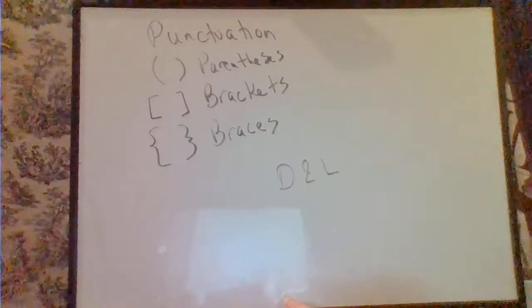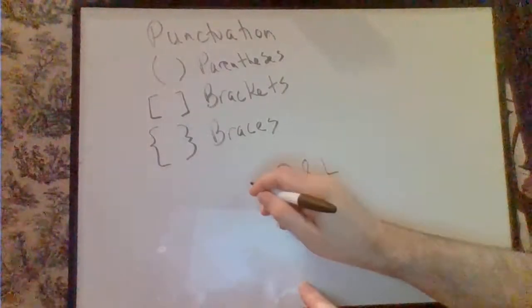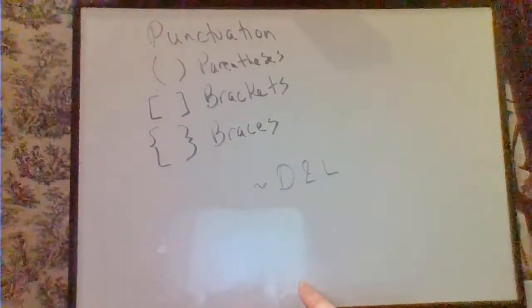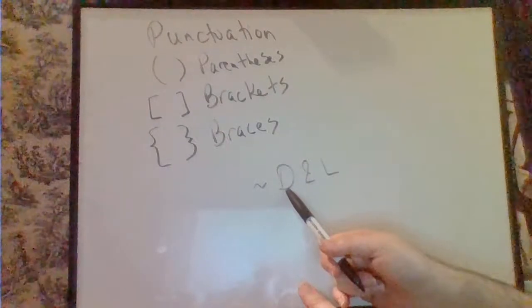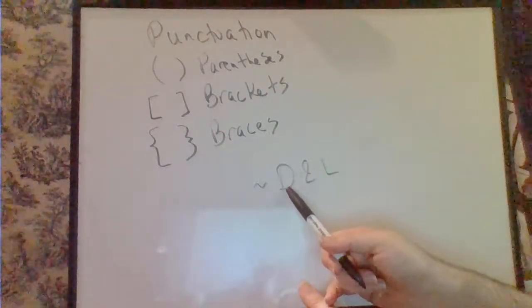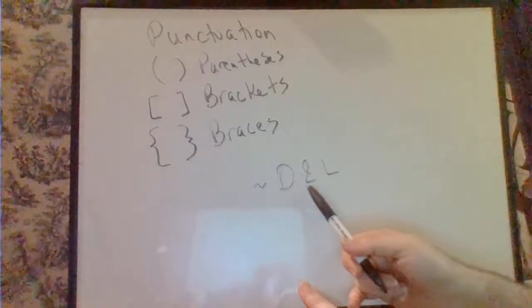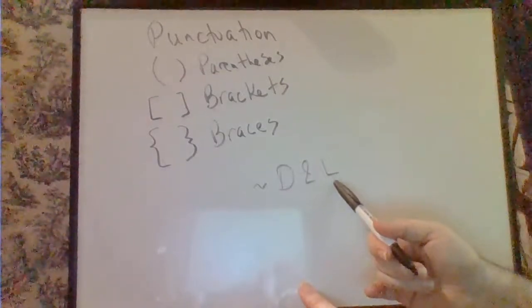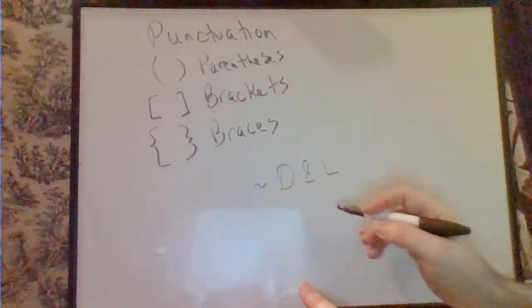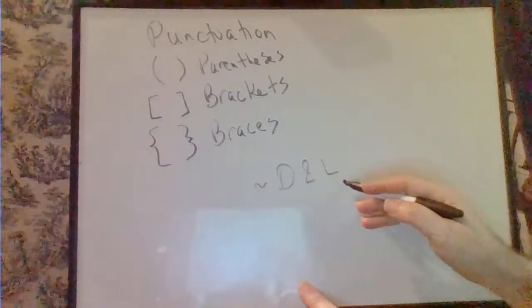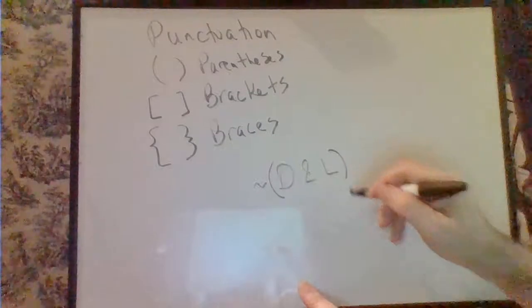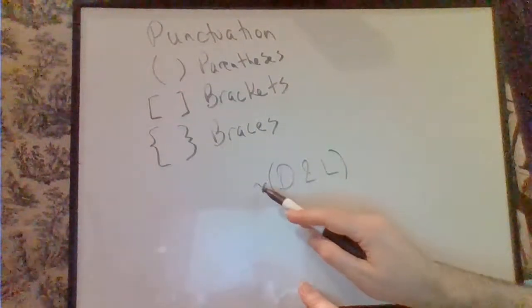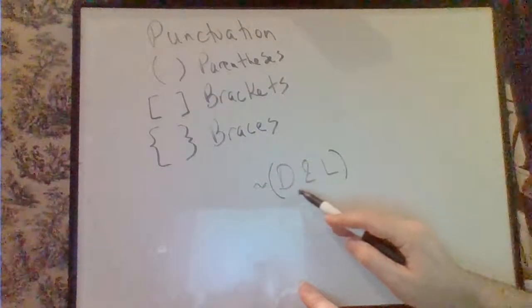How would I do that? Well, if I simply put a tilde in front of the D, then that tilde would only range over the D. It basically would say that it's not the case that the door is open, but the lights are still on. I don't want that. I want to deny the entire value of the statement, and so the parentheses being around that tell me that the tilde ranges over all of this.